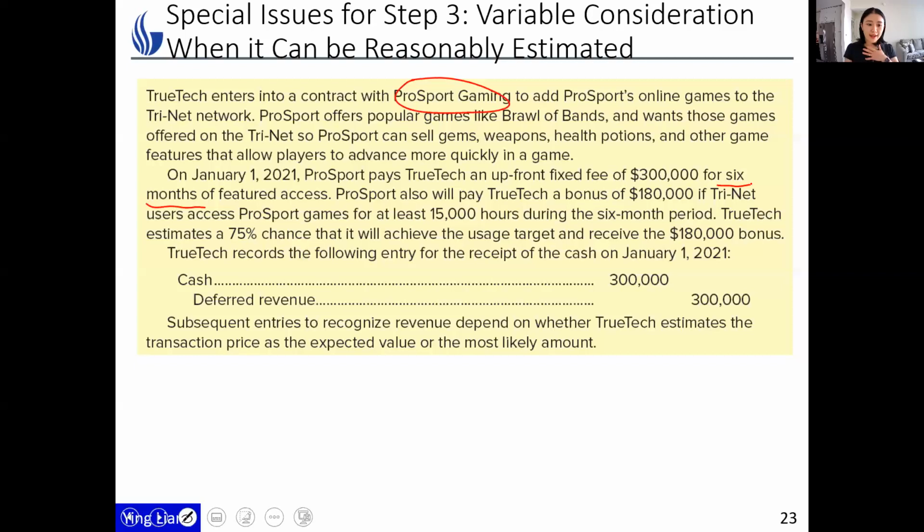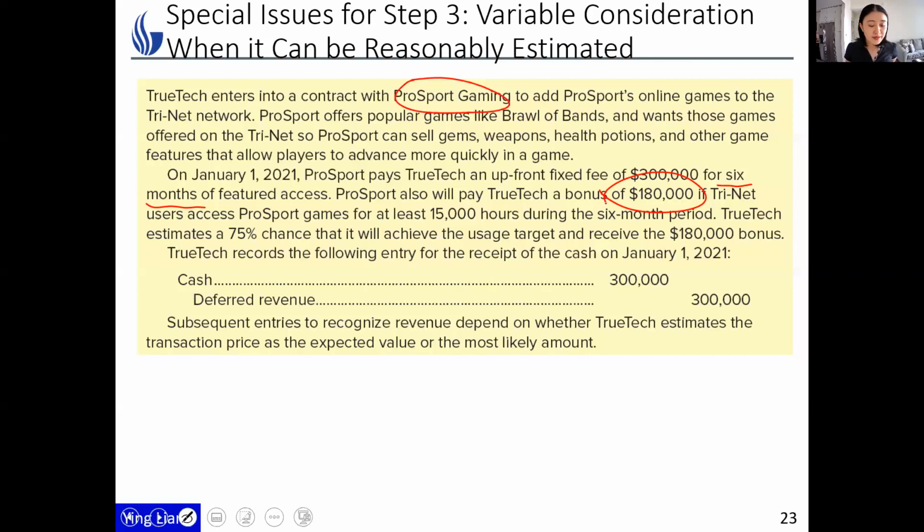Now we are TrueTag, and so of course we wanna boost up our revenue amount as soon as possible, right? We really wanna put all the 180 upfront, recognize it as soon as possible, so that we will have really good earnings, and that's basically what Apple is doing. So they start this estimation.